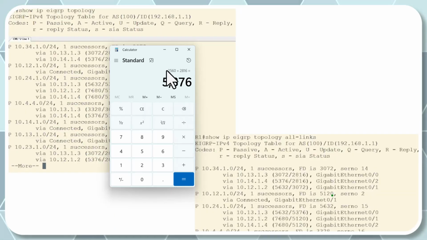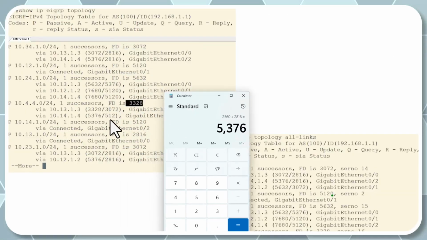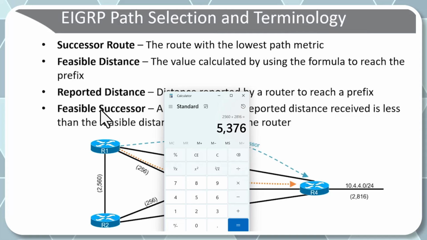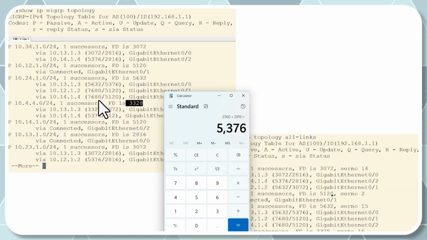Also we can see here the feasible distance and reported distance. Here the feasible distance is correct. Where is my feasible distance? This one. And reported distance is 512. What should be the reported distance? This is wrong.